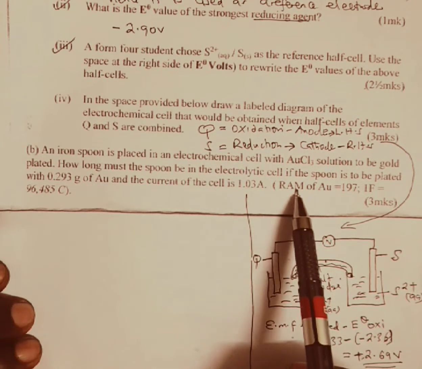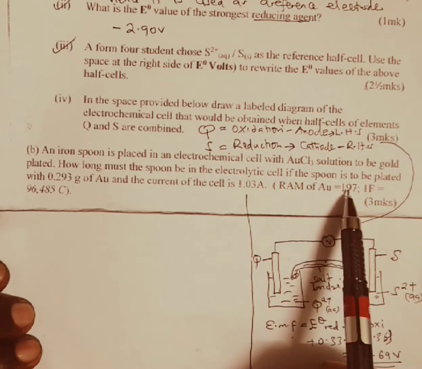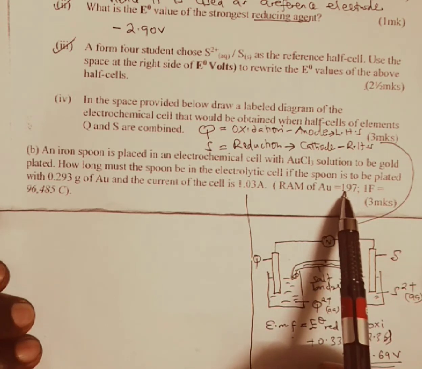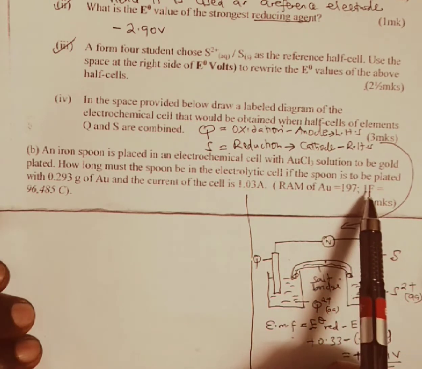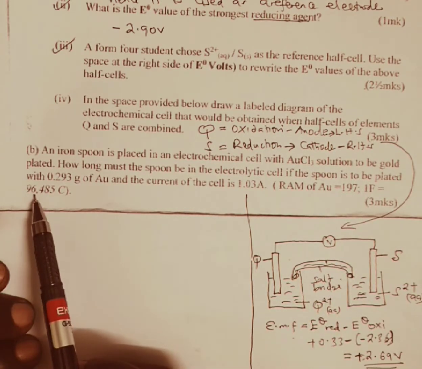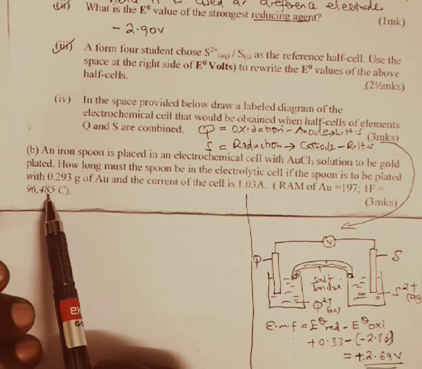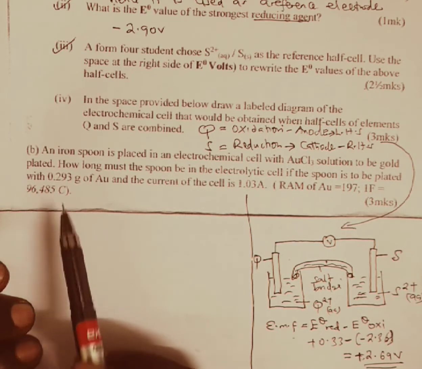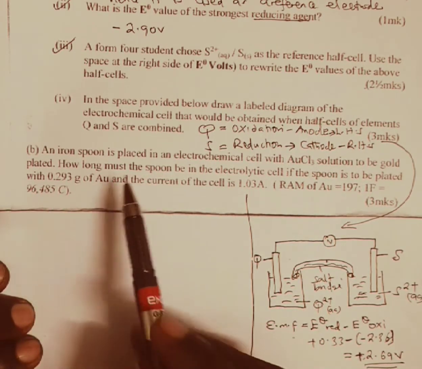We've been given the relative atomic mass of gold as 197, and 1 Faraday is equivalent to 96,485 coulombs.